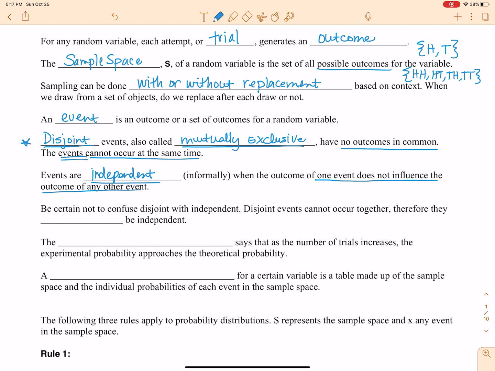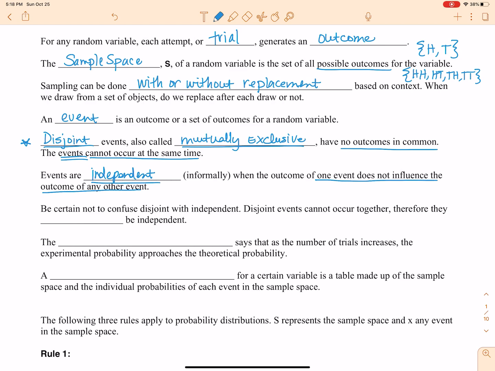Each individual event is completely independent of another. For instance, if I am rolling 2 dice, well, whatever the first die lands on has absolutely no effect on what the second die is going to land on. Okay, so those are independent events right there.